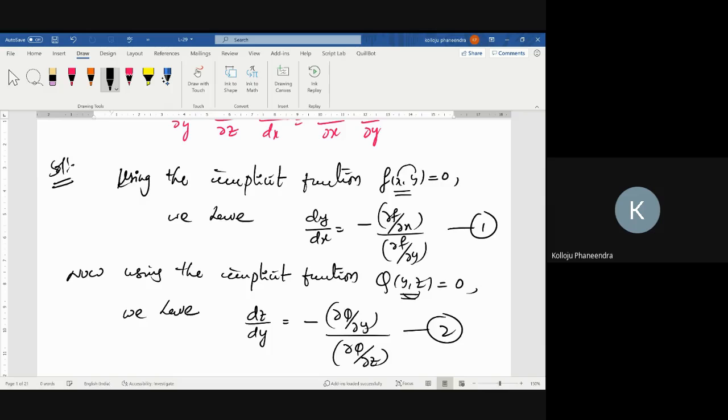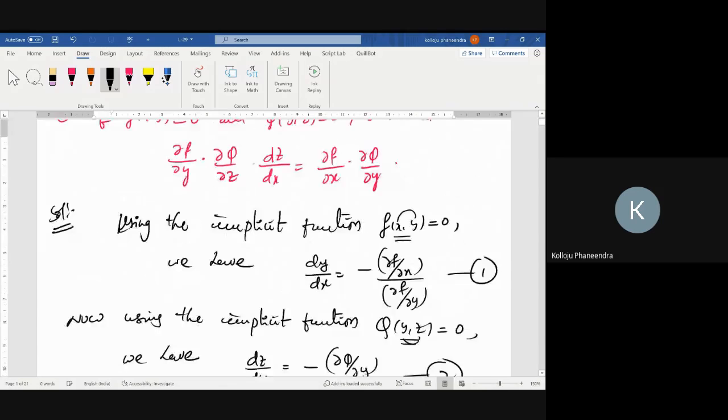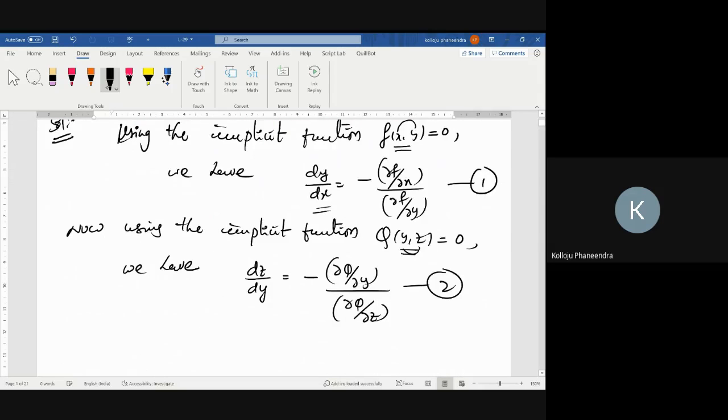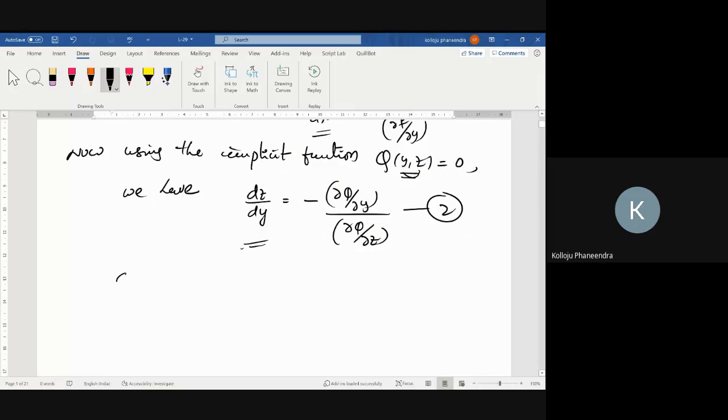Okay. Now see in the question, what is the thing here? Dz by dx is there, but nowhere is dz by dx here. Here we are having dz by dy and dy by dx. Therefore, dz by dx is equal to dz by dy into dy by dx.